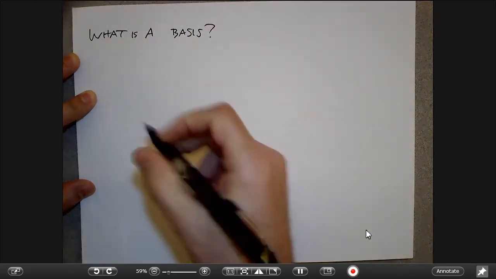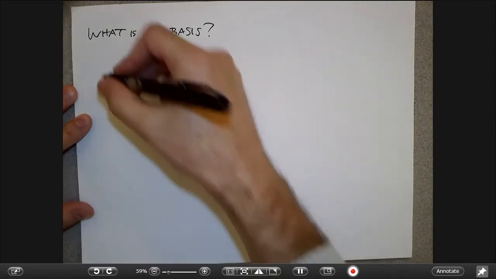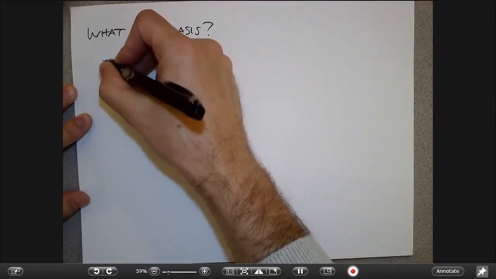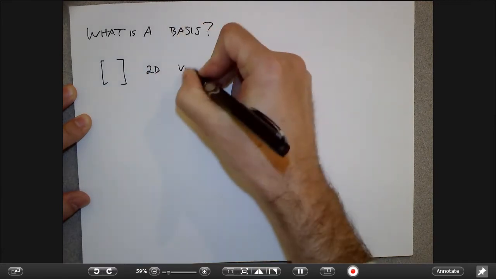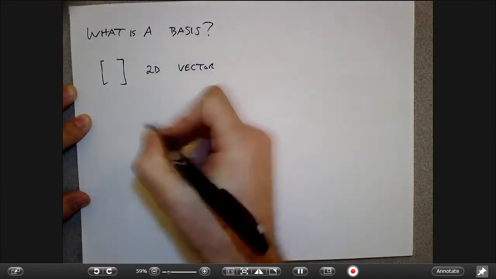A basis is just a means of representing a signal, either a continuous time signal or a discrete time signal. For example, suppose that I have a 2D vector. There are a bunch of different ways that I could represent that 2D vector.